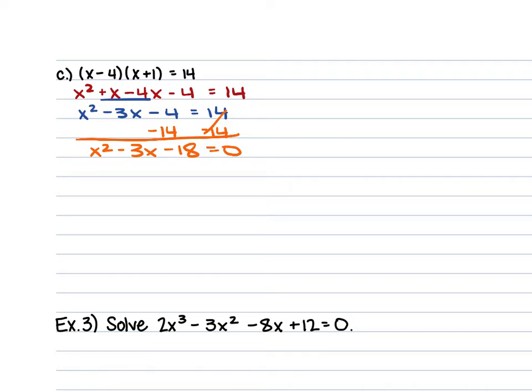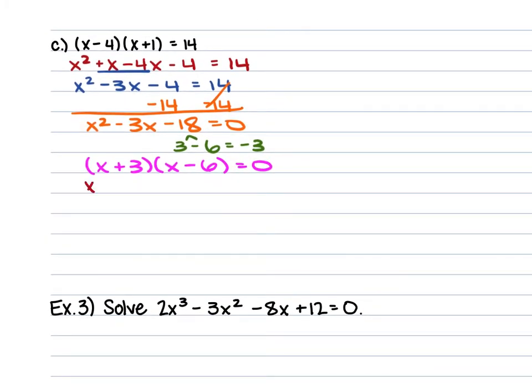We have an a of 1, so find the factors of negative 18 that add up to be a negative 3. If we have 3 and negative 6, we multiply them, we get negative 18. We combine them, we get negative 3. So this factors out to be x plus 3 times x minus 6 is equal to 0. We're going to set each part equal to 0 now and solve.